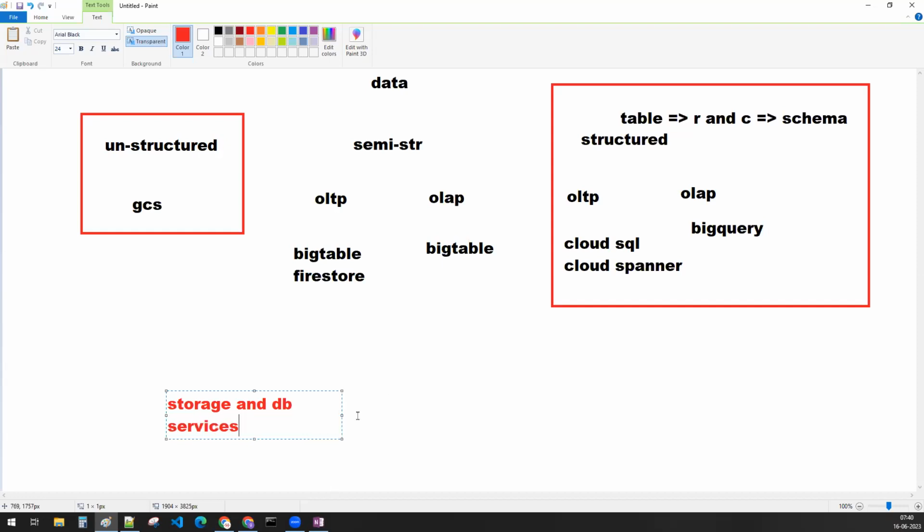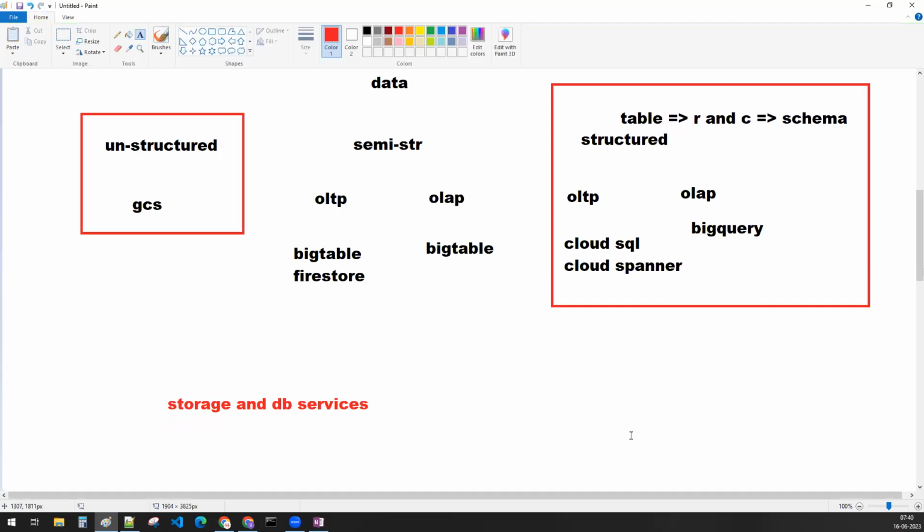This is an entire category in the Google Cloud Platform. We have storage, GCS, and we have databases, Bigtable, Cloud SQL. So this is one module in the Google Cloud Platform.